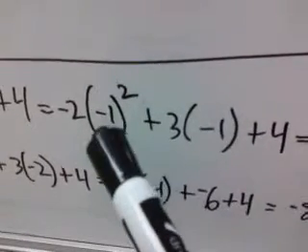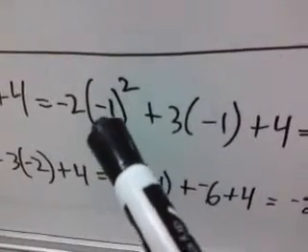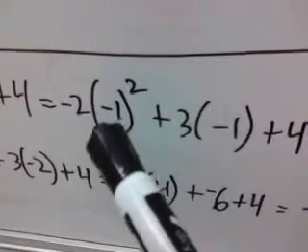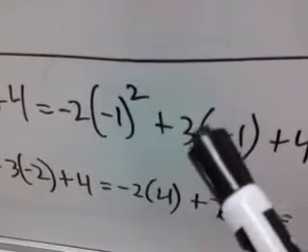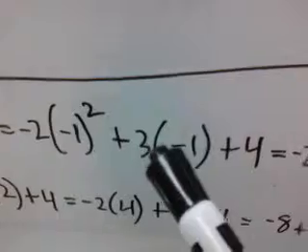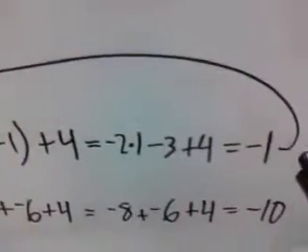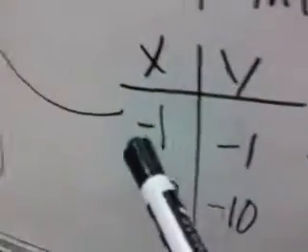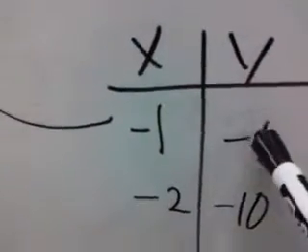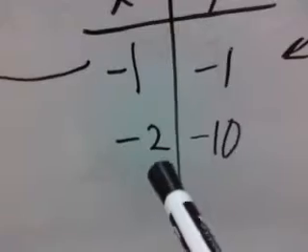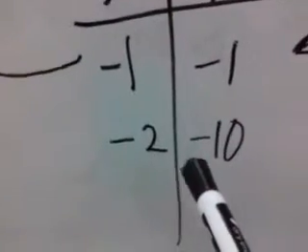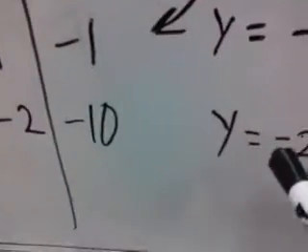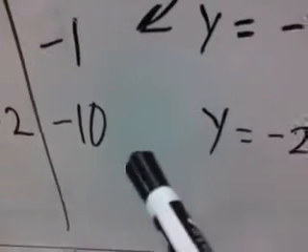I square -1, I get 1. 1 times -2 will give me -2. 3 times -1 is -3. And then I add everything together, and I get -1. So my first point here will be -1, -1. For my second point on the left, I use -2. I substitute -2 into the equation to find y.